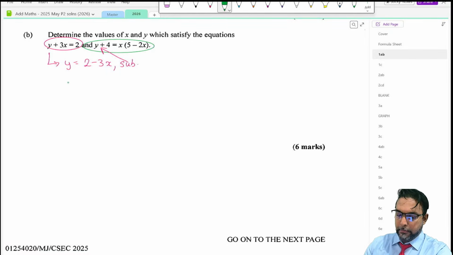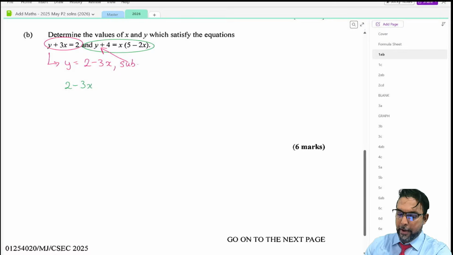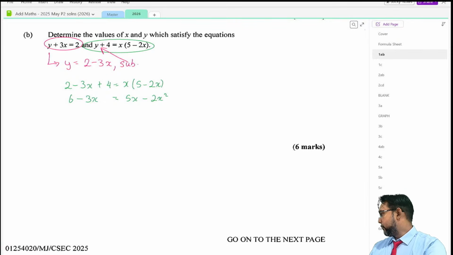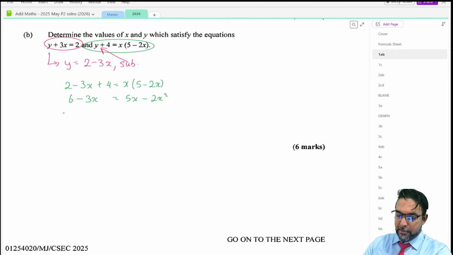So I would end up with 2 minus 3x plus 4 is equal to x by 5 minus 2x. Alright, so on that side, 4 and 2 will give me 6. So I'll have 6 minus 3x on this side, and I'll then have 5x minus 2x squared. Right, let's bring everything to the left-hand side. So I'm going to bring across negative 2x squared.